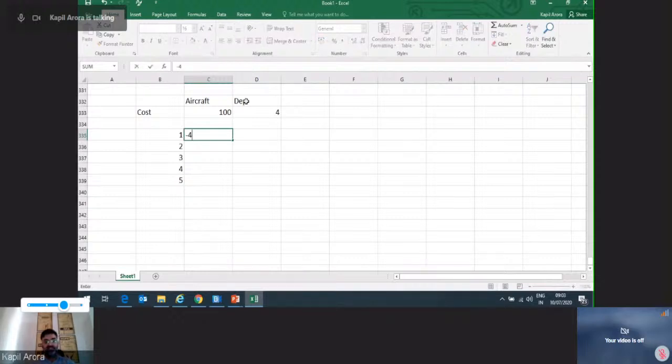Every year I will charge depreciation of 4, and my asset value after the 5th year would be 100 minus 20, which is 80.